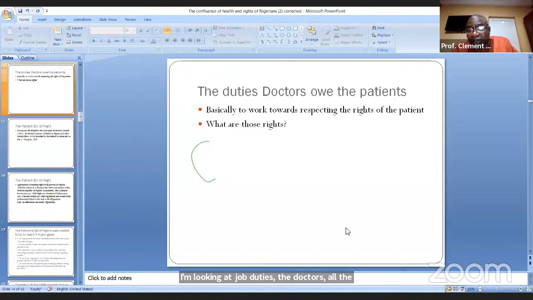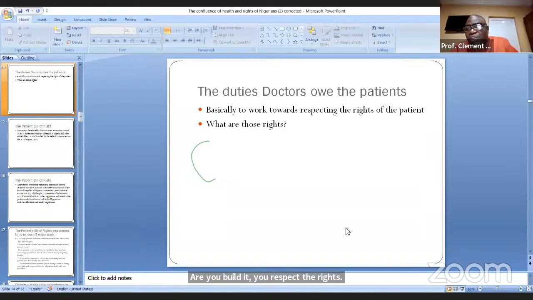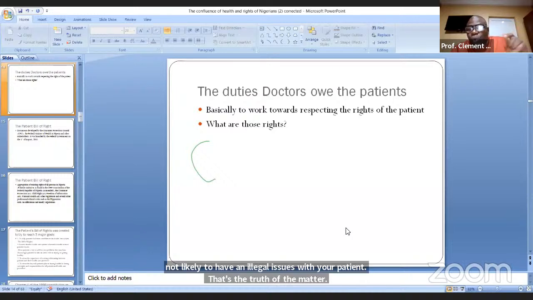Basically, as doctors, you are to work towards respecting the rights of the patient, which means if you know the rights of your patients and you obey them, you respect the rights, you are not likely to have any legal issues with your patient. That is the truth of the matter. So, what are those rights?